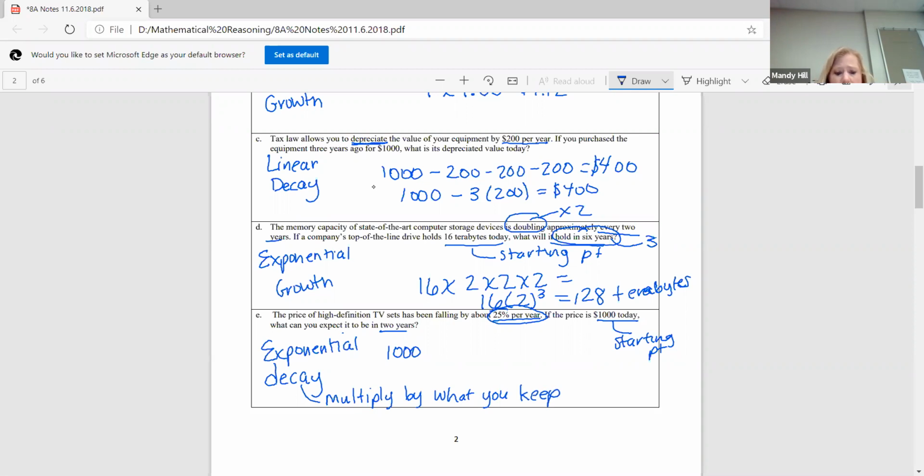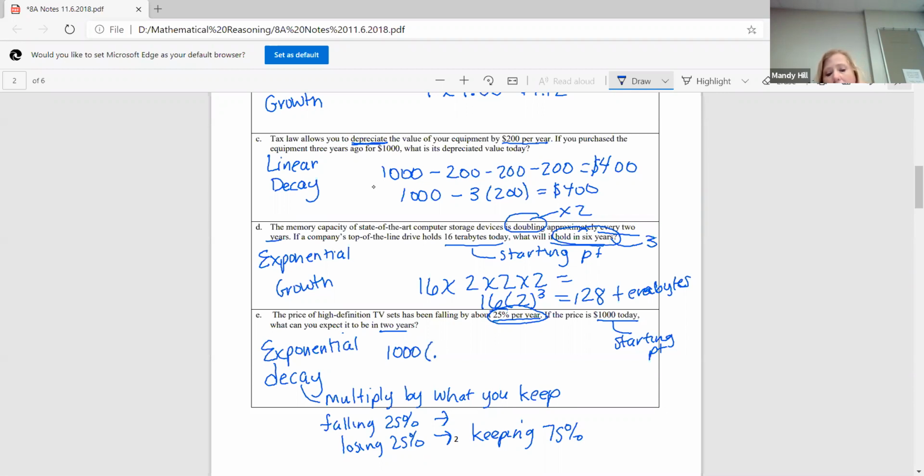If the price is falling by 25%, then we're losing 25%. But we are keeping the remainder. So if we're losing 25%, we would be keeping 75% because these two numbers would need to add up to 100.